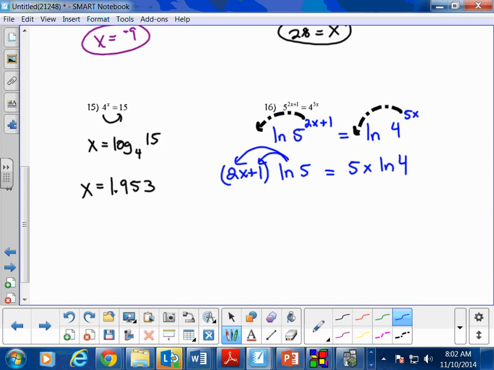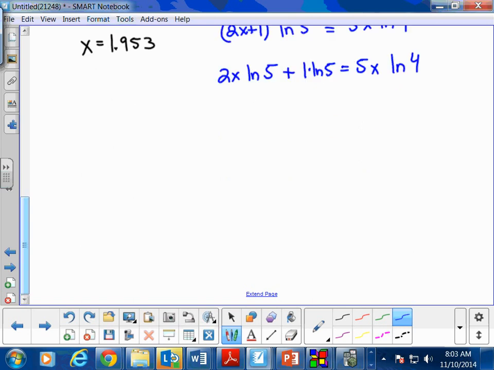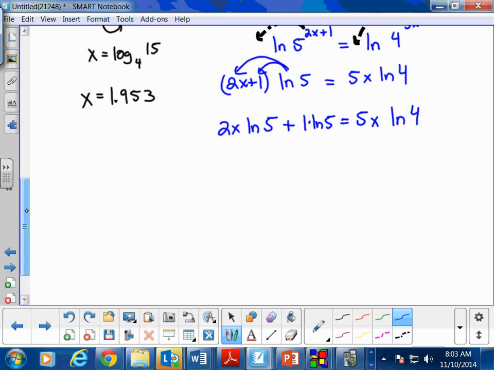So I end up with 2x natural log of 5 plus 1 times the natural log of 5, which is really just the natural log of 5, and this is equal to 5x natural log of 4. Now with this one, go ahead and extend the page. I'm going to move this whole expression to this side.